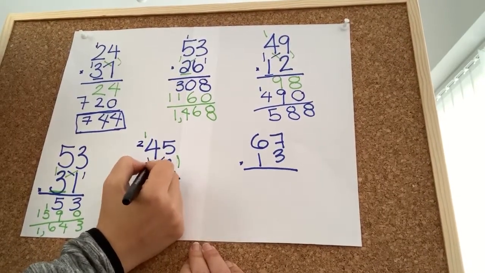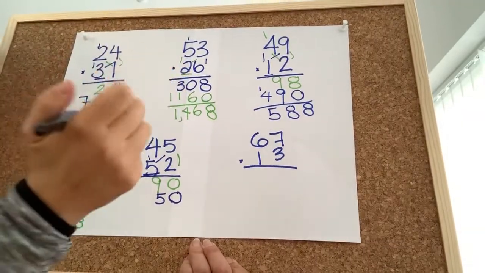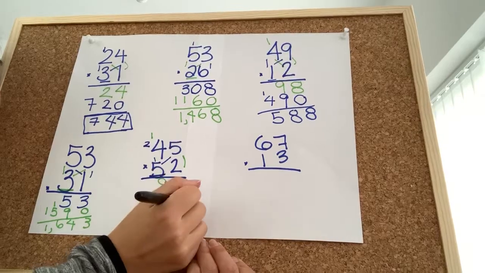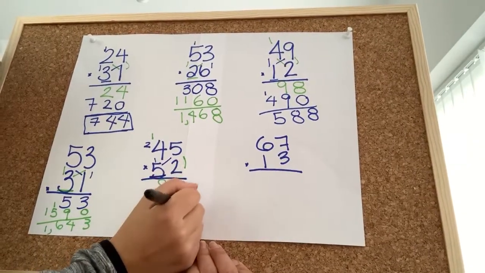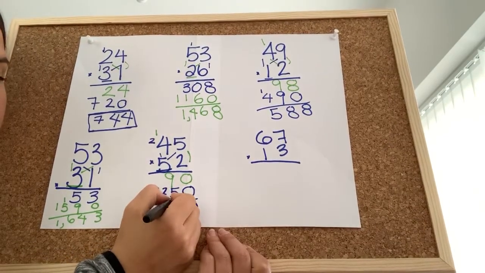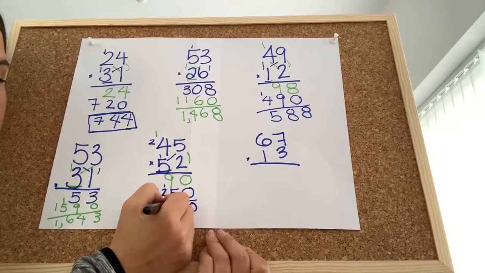And then up. 4 times 5 is 5, 10, 15, 20. Plus the 2 is 22. So we get to keep that 0. 9 plus 5 is 14. 2 plus the 1 is 3.